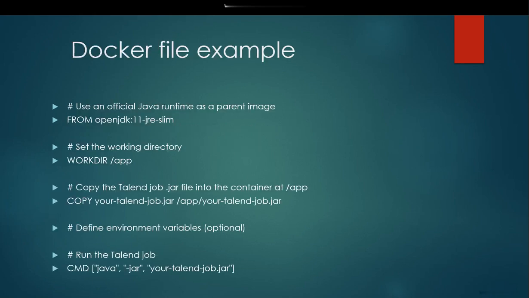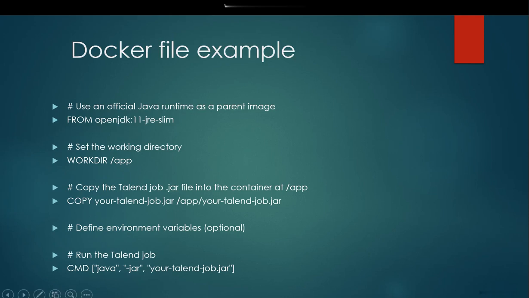So this is the Dockerfile example. We have to put the official Java runtime. What do we put in the Dockerfile? Whatever is required to run that application, to run that job. Let's say for Talend, what is required to run that Talend job?